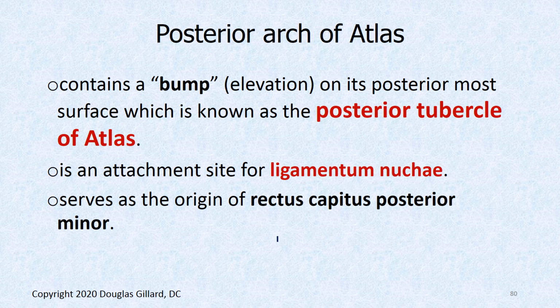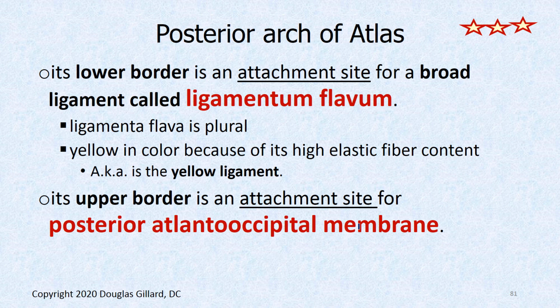It also has a muscle connected to it, the rectus capitis posterior minor muscle, which we'll look at. I think, have we talked about that? Suboccipital triangle. The lower border of the posterior arch has 2 different sets of ligaments attached to it. So the lower border has ligamentum flavum.